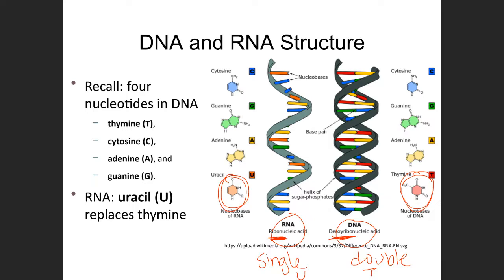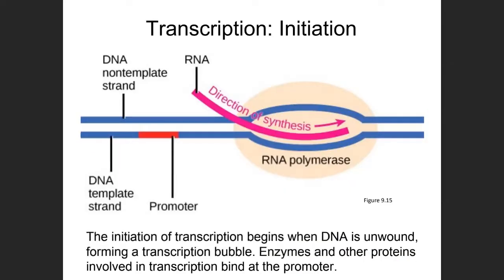Okay, so this is our structure of RNA. It was made in the nucleus off of that DNA. It now leaves to go get copied and turned into a protein. Okay. But first I'm going to show you some more pictures of transcription.